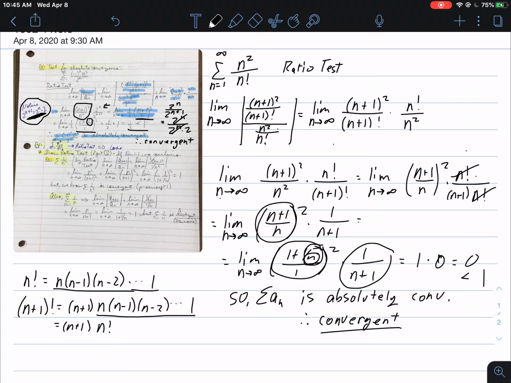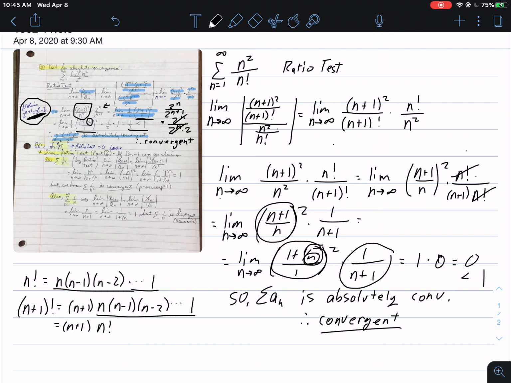The limit comparison test that we talked about previously back in section 11.4 says that if I look at the limit as n approaches infinity of the ratio of a sub n to b sub n, where b sub n is the series we're comparing it to, and that limit is equal to a positive constant, then either both series are convergent or both series are divergent. That tells us something completely different than the ratio test, but I inevitably see those two confused as far as what the result tells you.